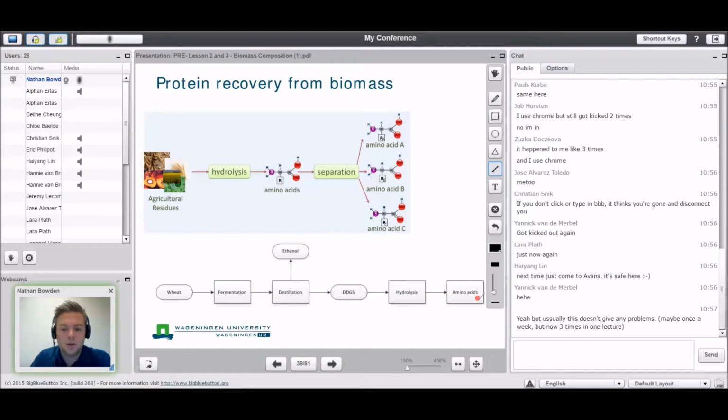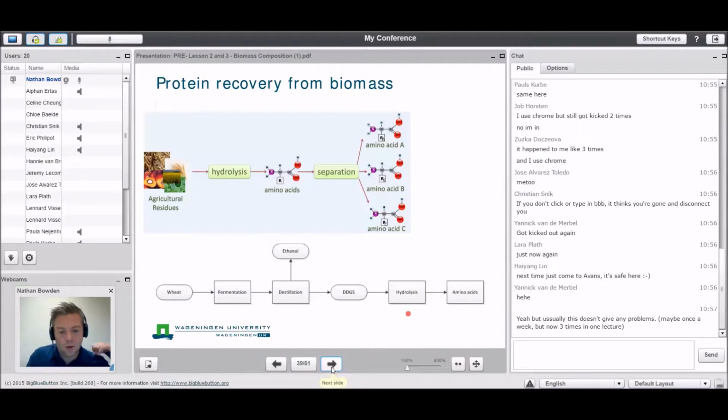Because some amino acids, if they are very hydrophilic and you add ethanol, they are no longer dissolvable in water. They like water, they're hydrophilic, and they don't like ethanol. So if you add ethanol, not only proteins but also some amino acids will precipitate or crystallize.